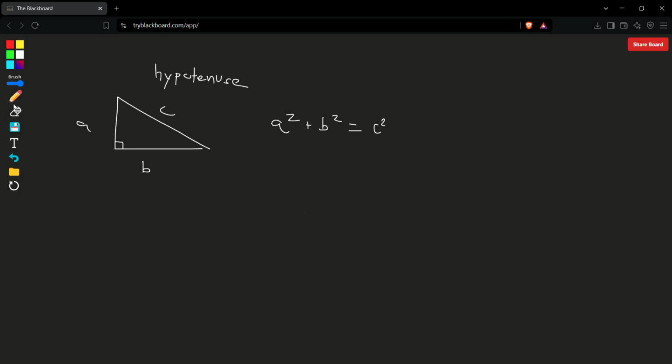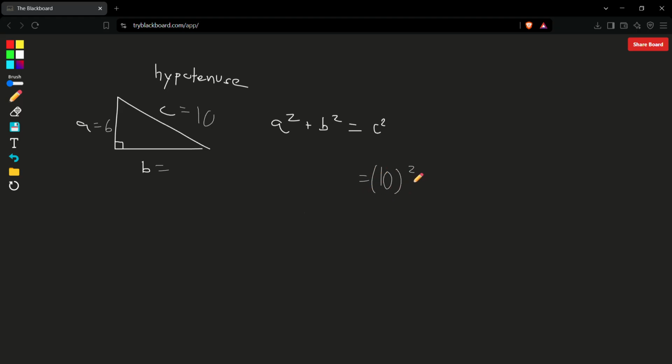Let's give an example here. Let's say we are given 10 here, and this would be 6. What would be the value of b? So following this formula, we could put these values.